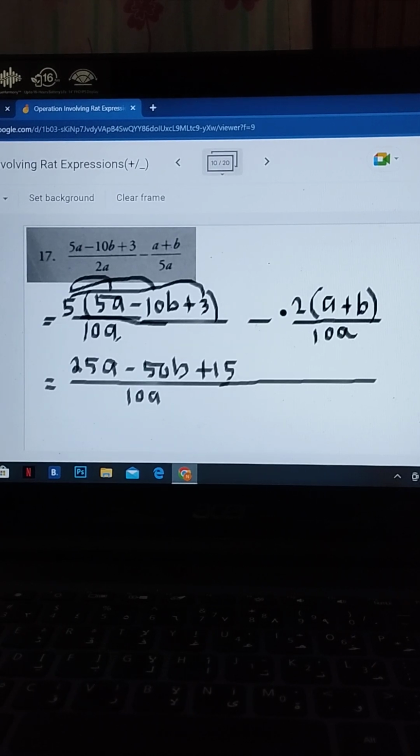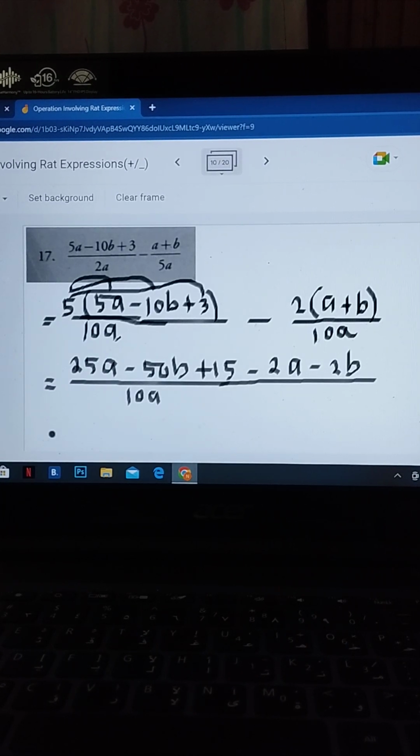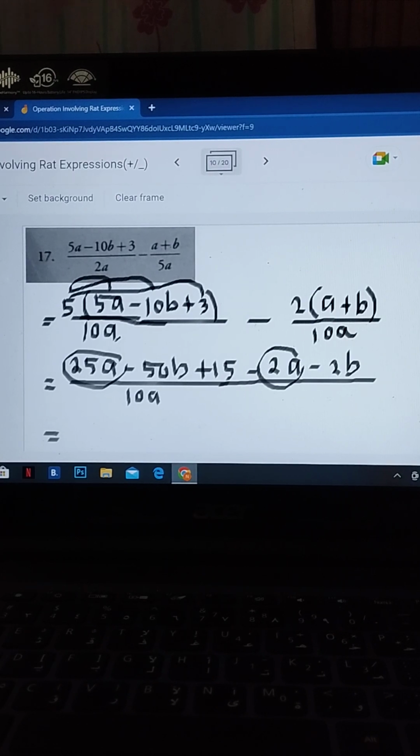So it becomes negative 2 times a, negative 2a, then negative 2 times b is negative 2b. Then combining like terms, 25a minus 2a is equal to 23a.